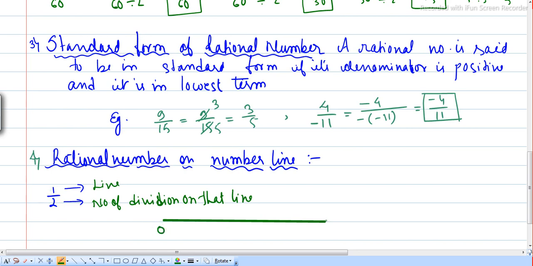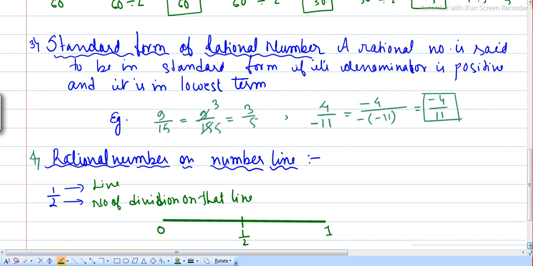So remember this one. So it is 0 and 1, so it is one line. Now the denominator represents the number of divisions on that line. So here 2 is there, so it will be 2 divisions, 2 parts. So you take this one as one part and this as another part. So the 1 by 2 will lie here. It is 1 by 2.